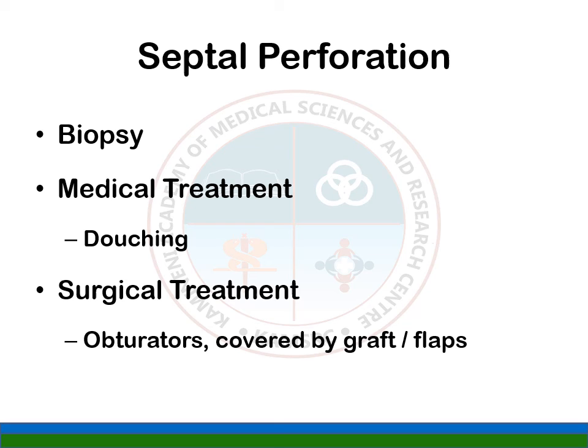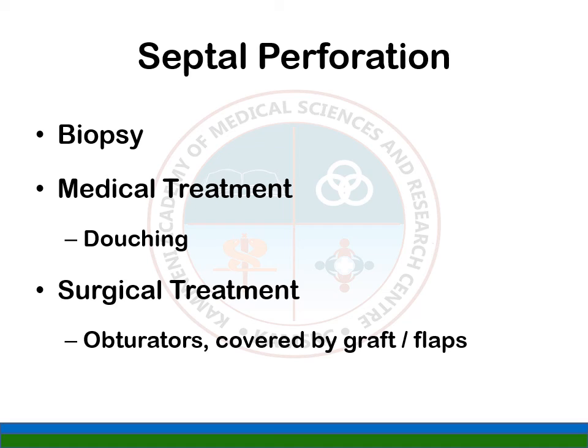That is, we are maintaining the humidification. Apart from that, we'll also give 25% glucose in glycerin. This will help in making the crust soft so that the nasal mucosa can do the rest of the job.